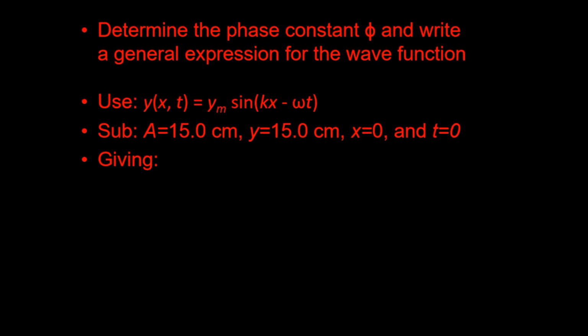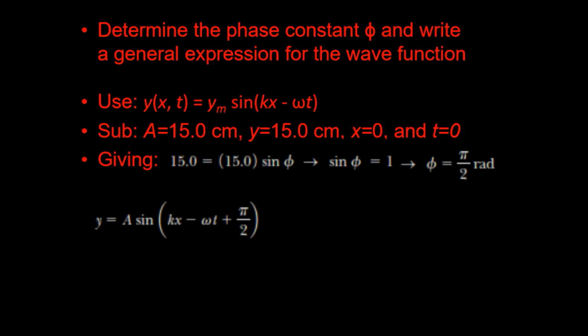So here we can substitute in our 15 centimeters, our x equals 0, t equals 0, and essentially we'll end up with 15 is equal to 15 sine phi. Sine of phi, of course, here we're going to say is equal to 1, if it's equal to unity. This means phi is pi over 2 radians.